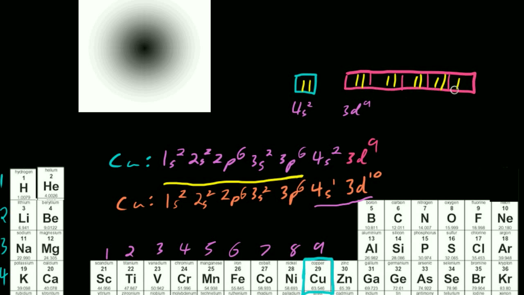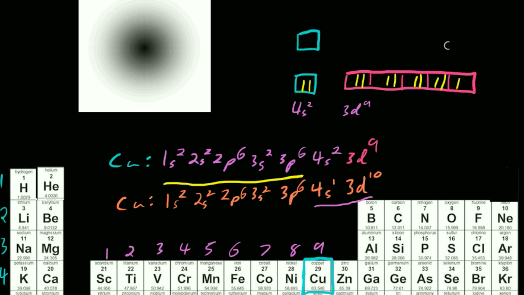And we've got 1 unpaired electron. We'll definitely talk about this more in the future. You don't necessarily have to understand electron pairings right now, but in this configuration we've got 1 unpaired electron. And essentially, the reason that we have an exception here is because there's more stability.